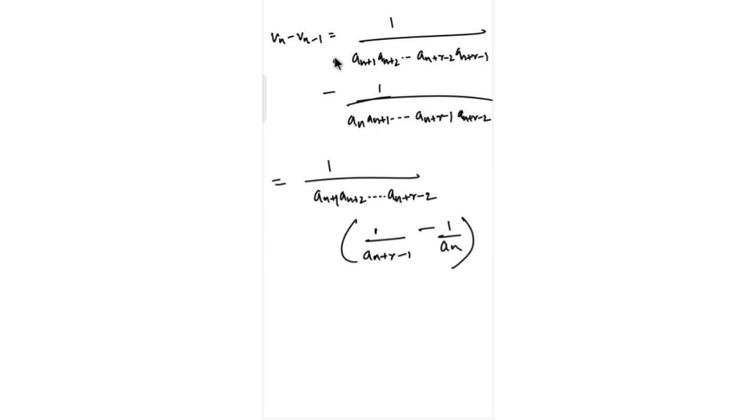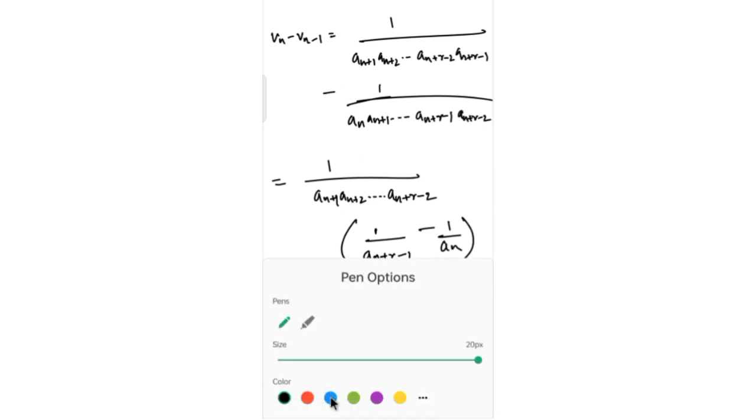In the first bracket we are not having the term an; the missing term I'll write here so that we need not get confused.